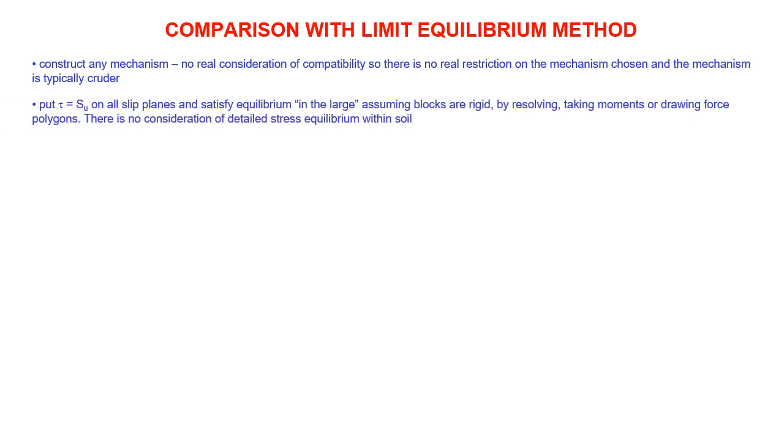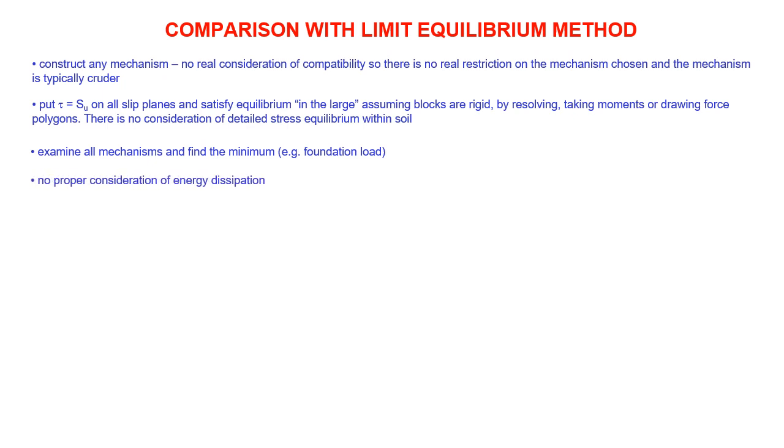In limit equilibrium, we just put tau equal to su on all the slip planes and look for equilibrium in the large by resolving forces and taking moments for the whole structure. We do not consider any of the stresses in the soil. We ignore them. We examine all the mechanisms we can think about and find the minimum loads. We don't consider any energy dissipation at all, like an upper bound.